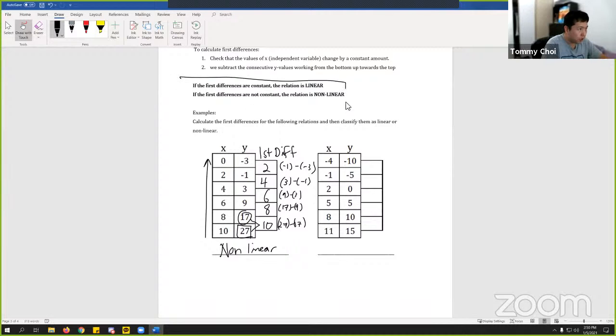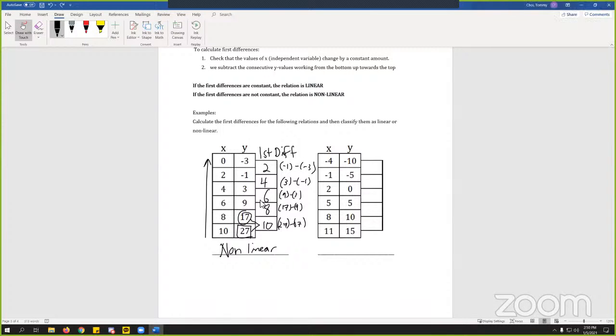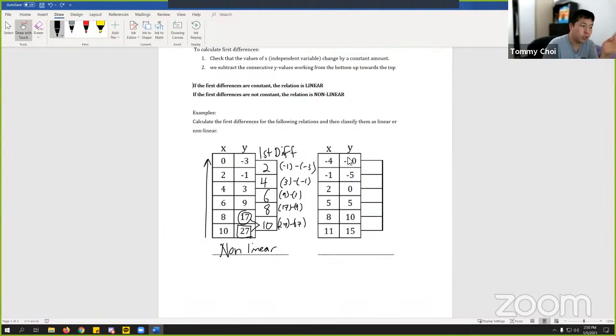What does it say here? If the first differences are constants, it's linear. Are these values constant? No, they're changing. The first differences are always changing. It's 2, 4, 6, 8, 10, right? Those are different values. So this is not linear, right? It's so different. So let's do the next one here.